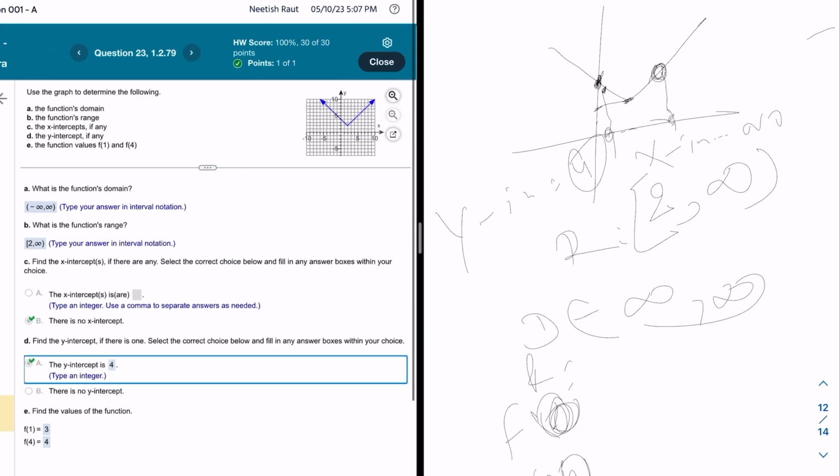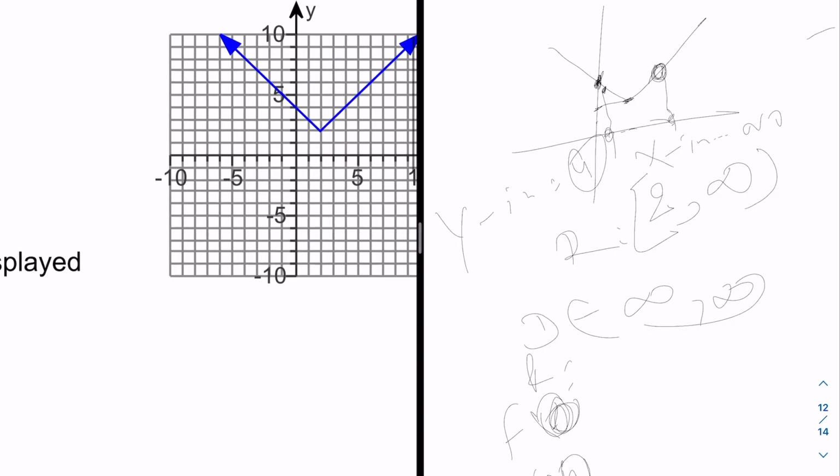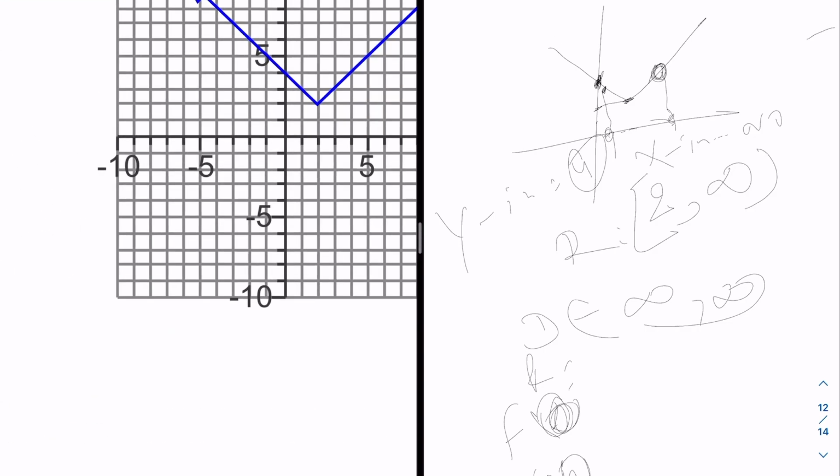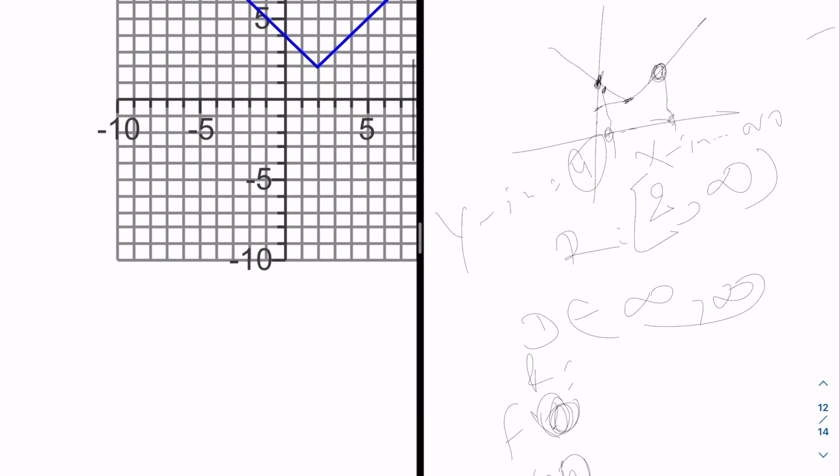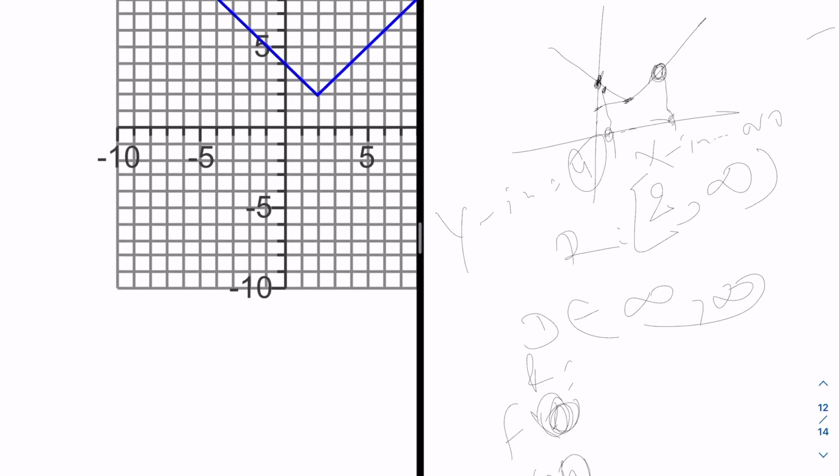Oh man, where is 1? 1 is here. Look at the x-axis 1 and its respective y coordinate. So 1, 1, 2, 3. So this is 3, and look at the 4.